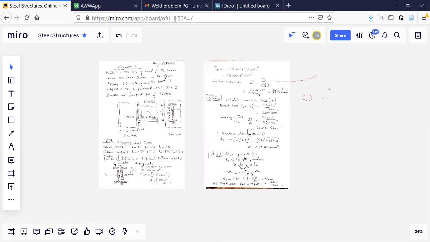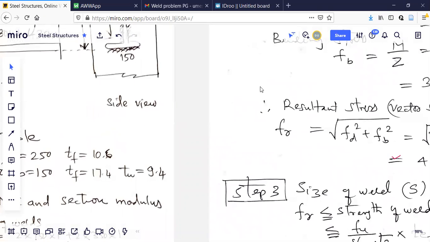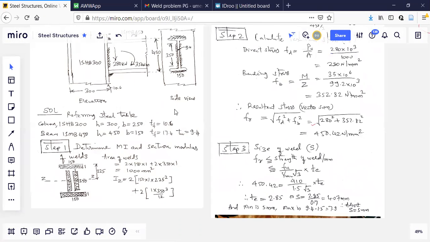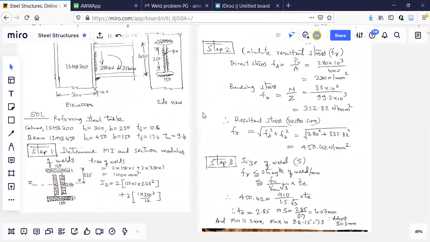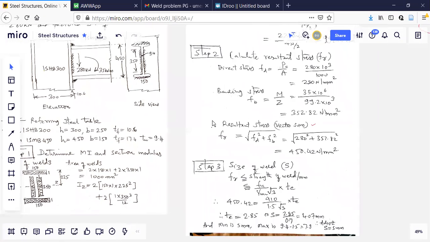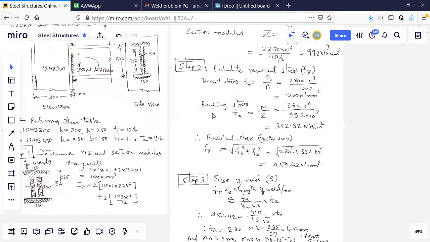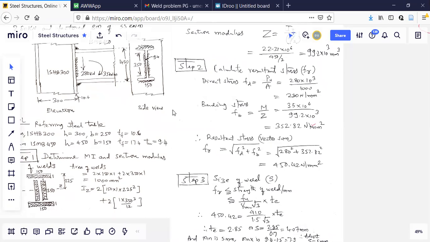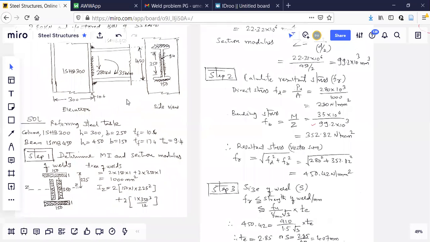You have to tell me whether you are able to see the screen properly, and whenever I pan it, everything is clearly visible on your screen or not. You can interrupt and tell me that you can pan it a little bit this side, that side, like that. There is no problem. You cannot sit idle here, because I am not appearing for this examination.